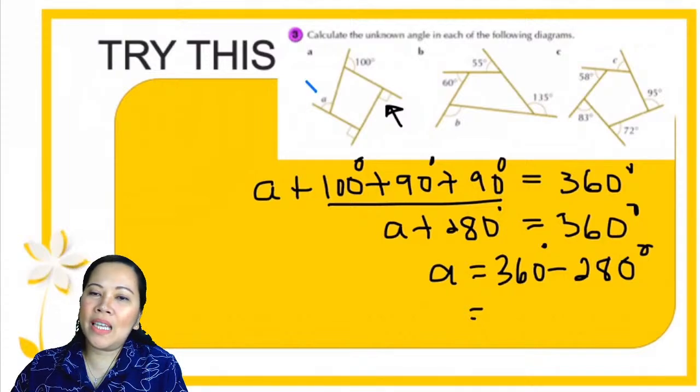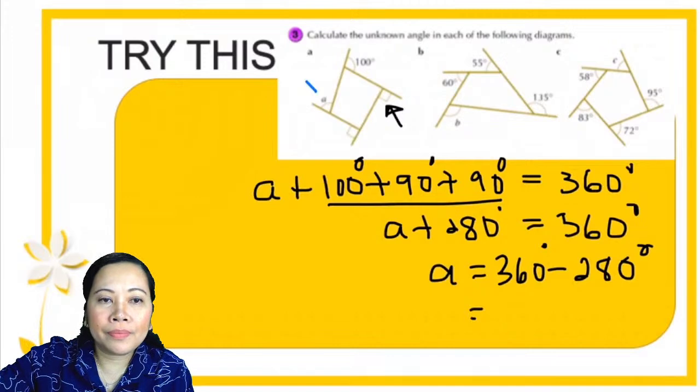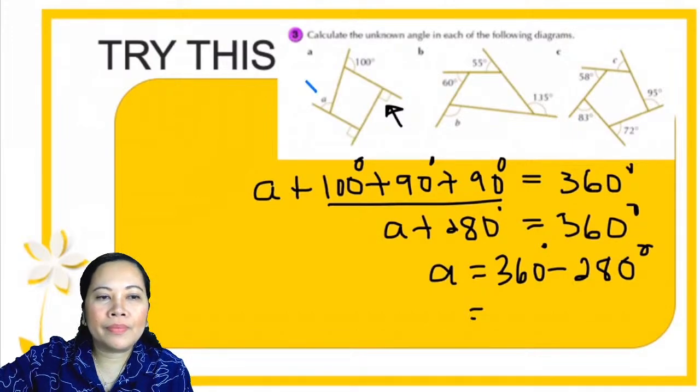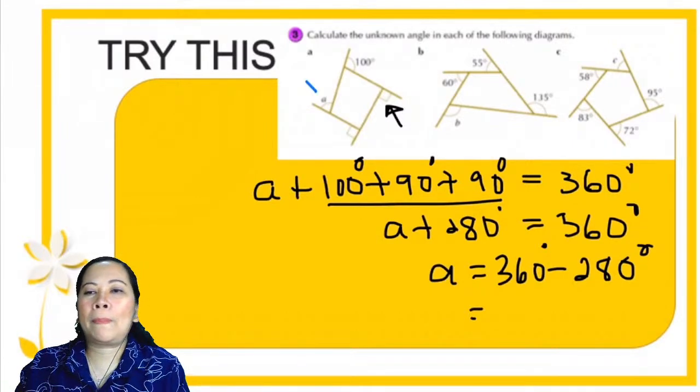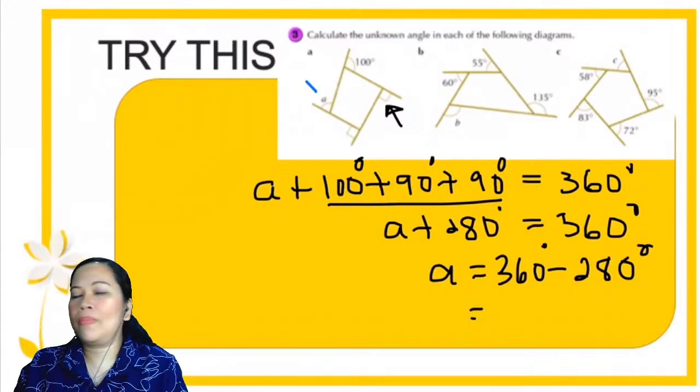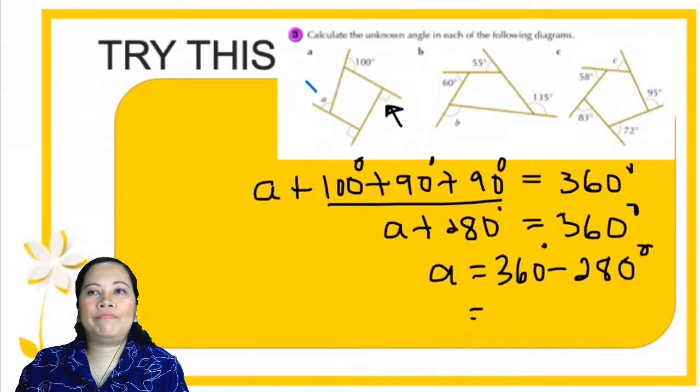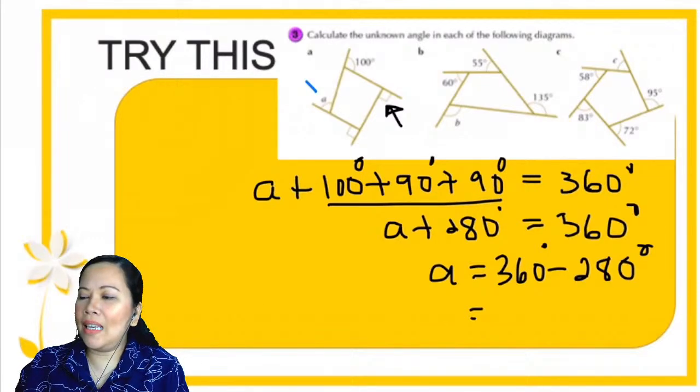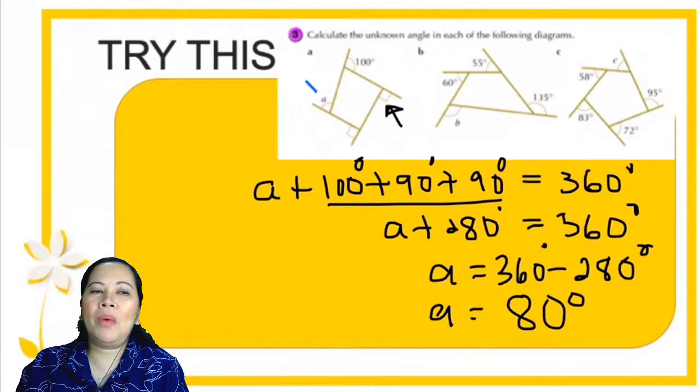What is 360 minus 280? Yes, that is correct. A is 80 degrees. Well done, Maha Blanca. Yes, Kaini, that's right. That's correct.